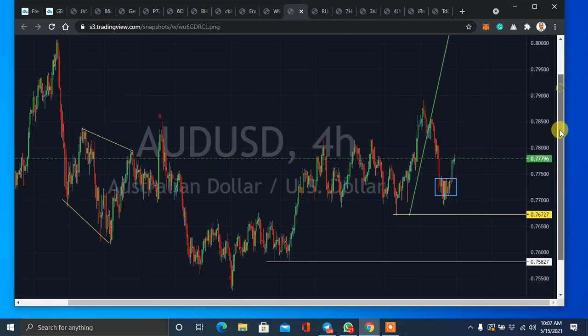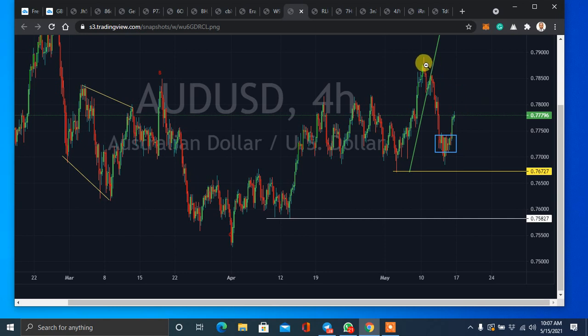AUD USD. As you can see, in my last analysis, I told you that we are looking for this blue box for buy. It went beyond the blue box, but nothing was spoiled because here is our stop loss.